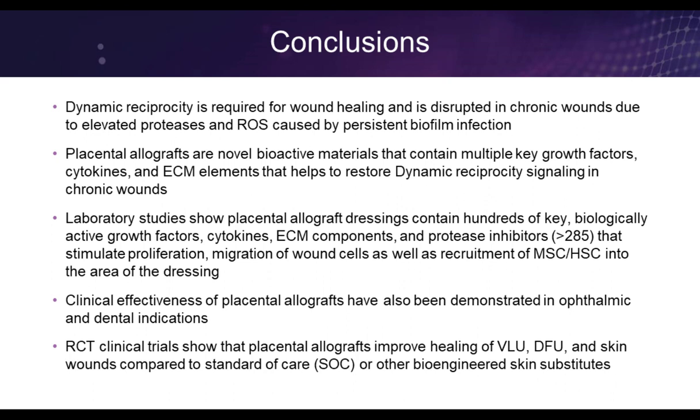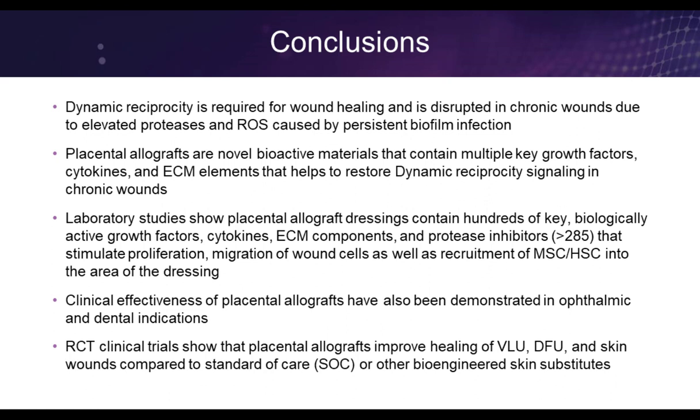And that's due to the fact that the placental allograft dressings are not just inert collagen. They have many critical growth factors, cytokines, matrix components, protease inhibitors, and working together, that combination of agents actually stimulates these key processes of proliferation and migration.